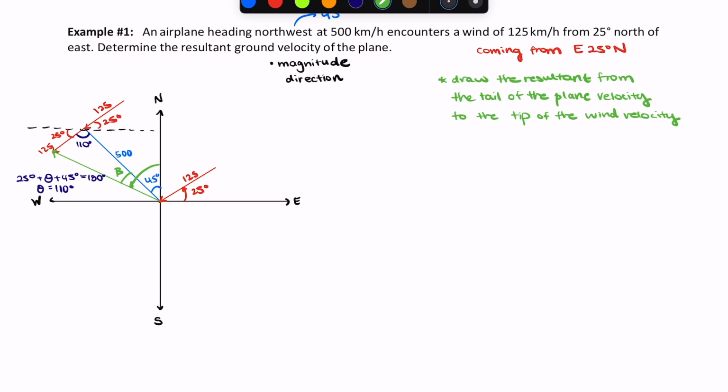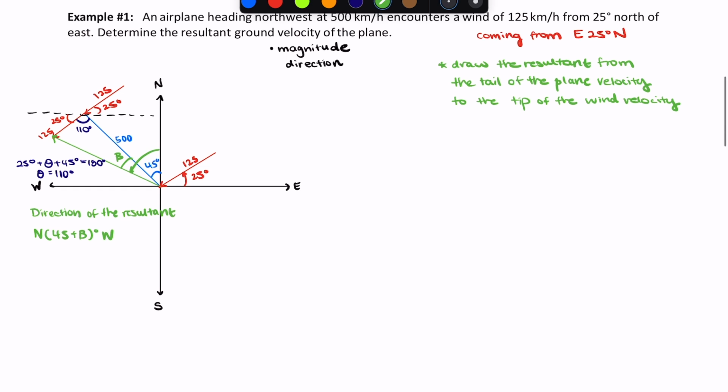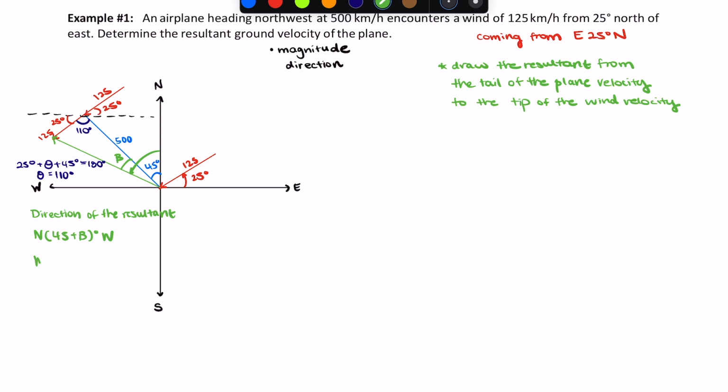The direction of the resultant would be north 45 plus beta degrees west, or if we see it from west, it would be 45 minus beta degrees north.